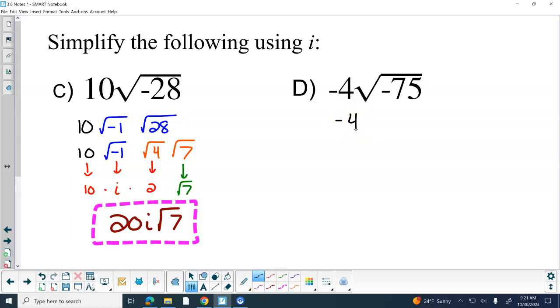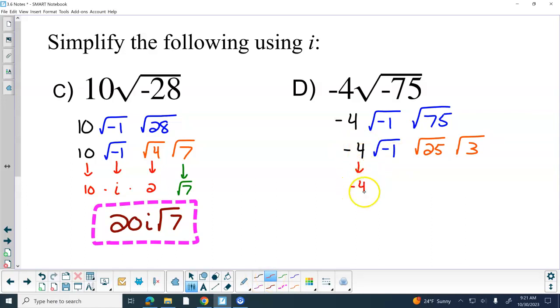-4 stays on the outside. Square root of -1 times the square root of 75. Square root of 75 is the square root of 25 times the square root of 3. -4 is -4, stays on the outside.